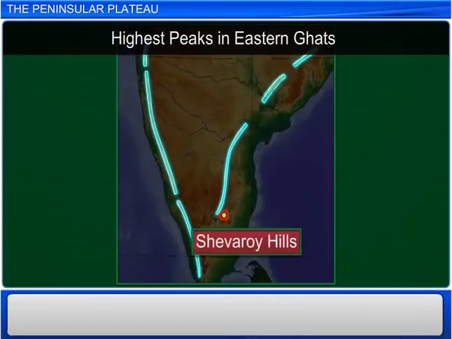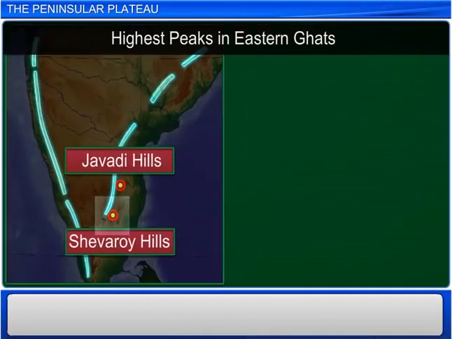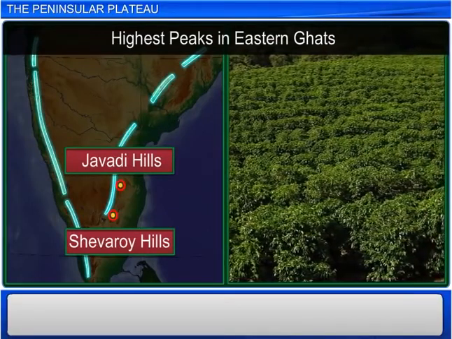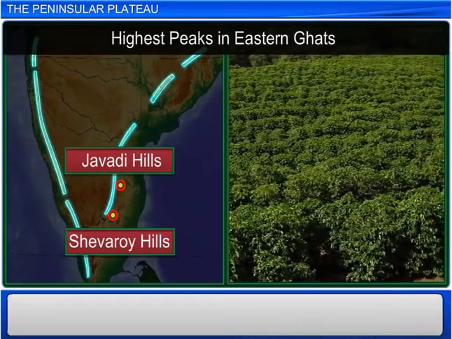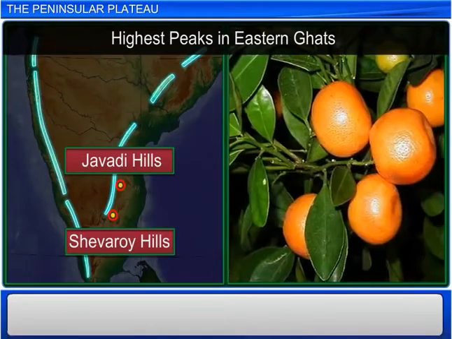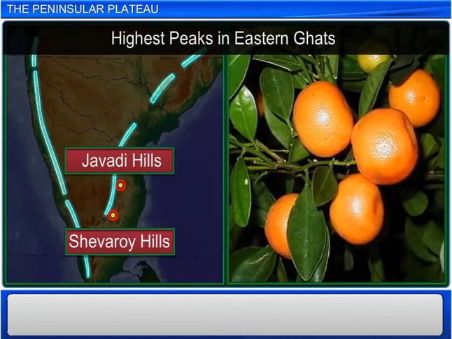The Shevaroy Hills and the Javadhi Hills are located to the southeast of the Eastern Ghats. The Shevaroy Hills are famous for thriving coffee plantations, pears, oranges, and bananas.